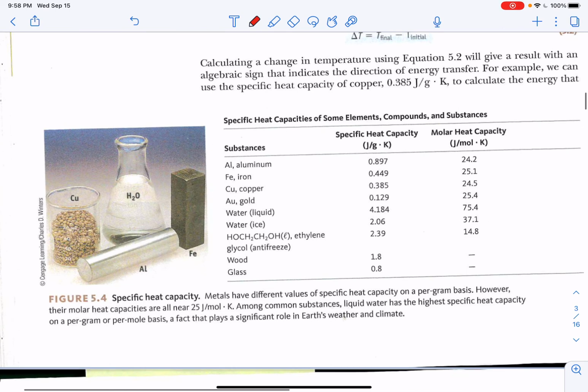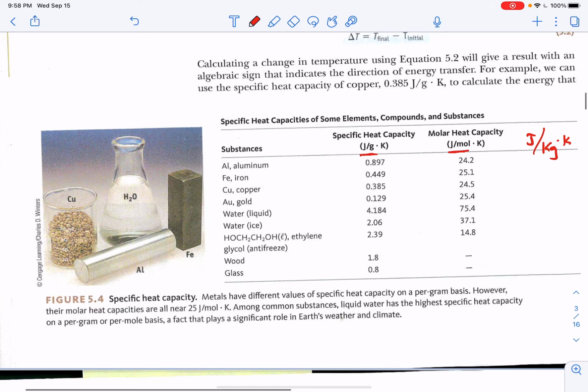And we also talked about the fact that we have different specific heats for different substances, and this is a very, very small listing. There are tables and tables online or in books where this list is many, many pages long. When you give your specific heat capacity, notice that you can do it in joules per gram. You can sometimes find a chart in joules per kilogram Kelvin, and sometimes in joules per mole.